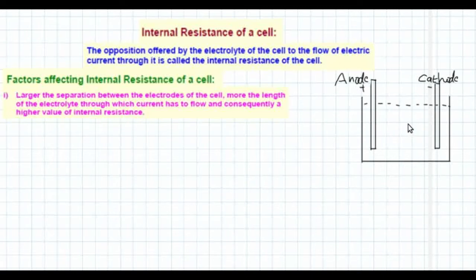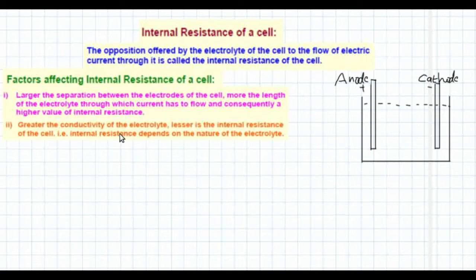This is due to the large distance to be traveled by the ions towards the respective electrodes. So that is one factor that will affect the internal resistance.